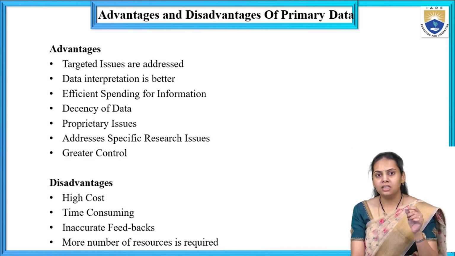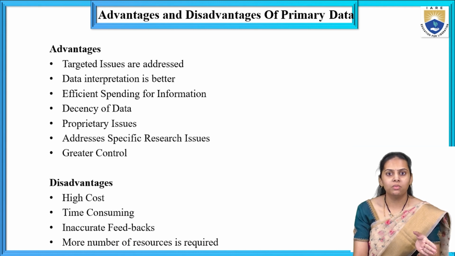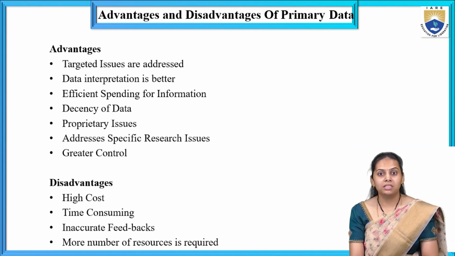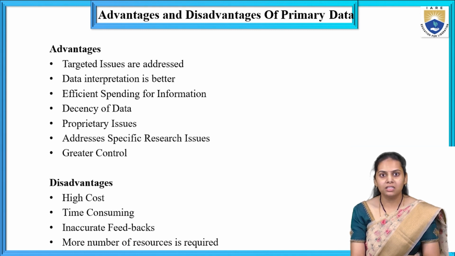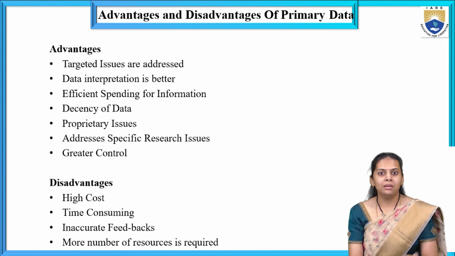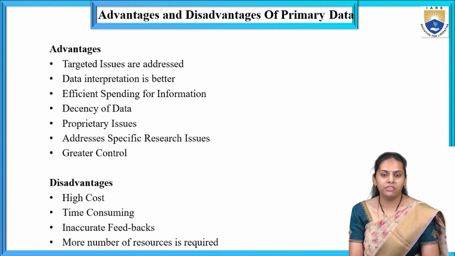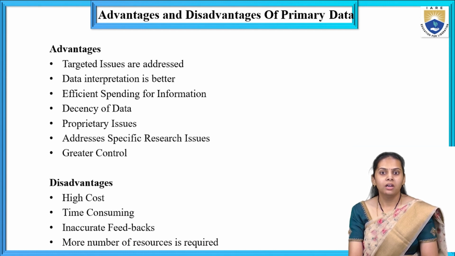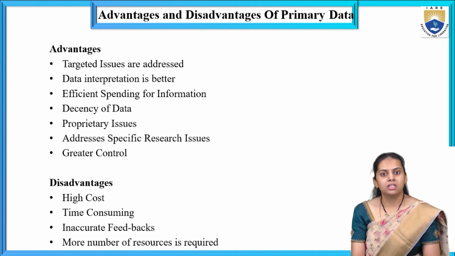And as I previously told you, nowadays with digital surveys we depend on feedback in the service sector. As a customer or client, we may give random feedback, not really accurate. So inaccurate feedback affects this primary data, and a greater number of resources is required again.